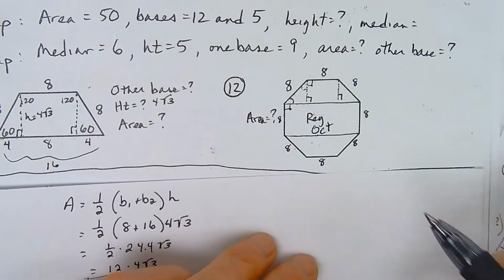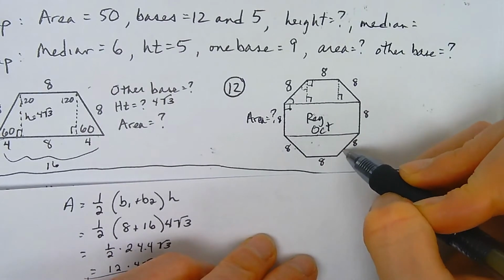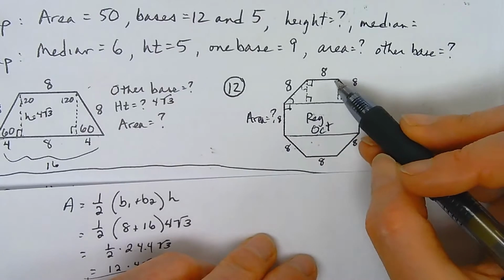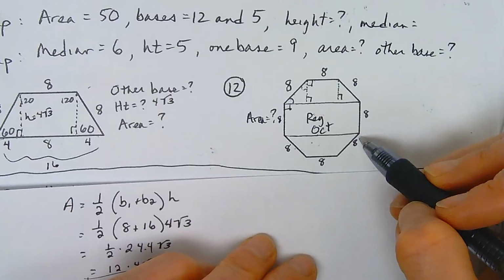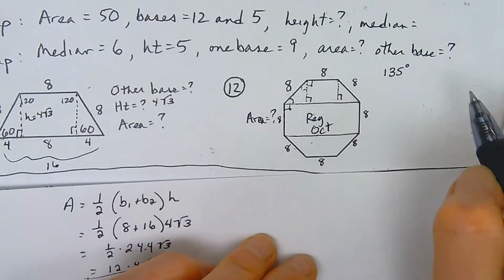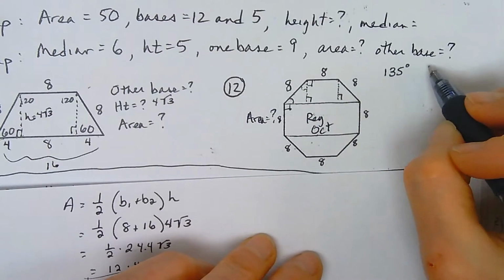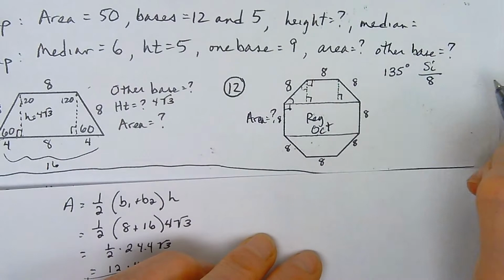Another way to do it would be to say that all these angles are the same. We could find out the measure of that one angle in an octagon. The measure of that one angle is 135. So each angle in a regular octagon is 135. You would have to do that by finding the interior angle sum and dividing it by 8.